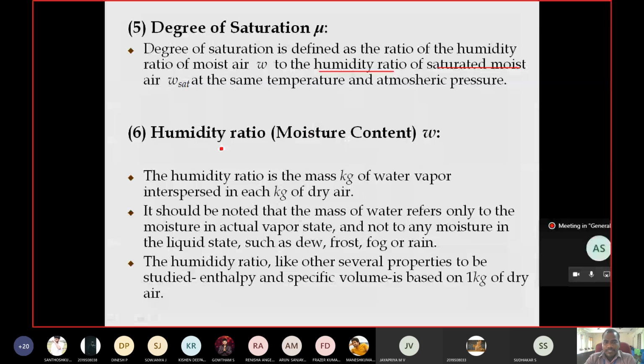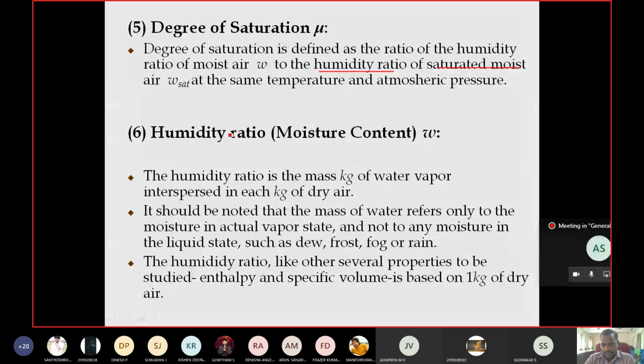Then we have to know what humidity ratio is. The humidity ratio is the mass of water vapor present in each kg of dry air, 1 kg of dry air. So how much amount of water vapor is there is called the humidity ratio. It should be noted that the mass of water refers only to the moisture in the actual vapor state and not to any moisture in the liquid state.